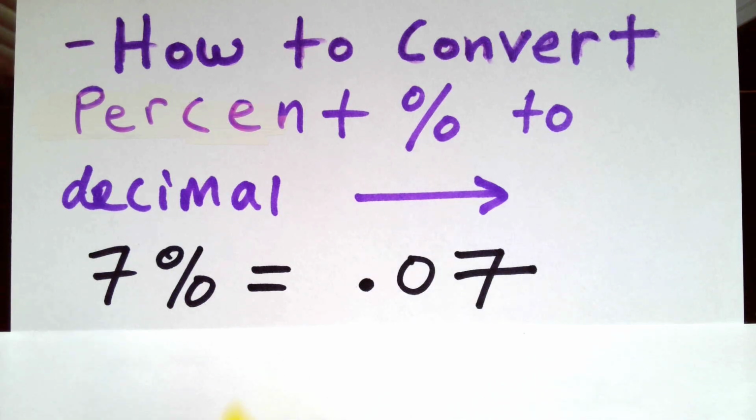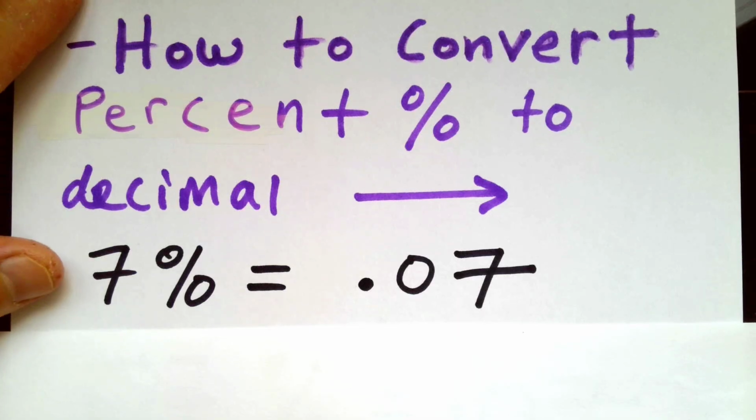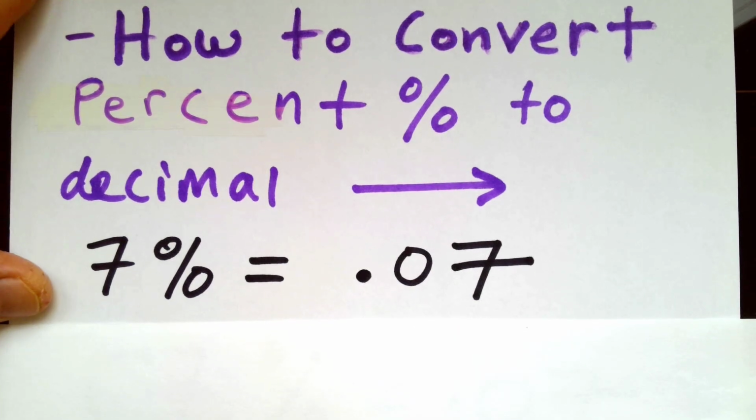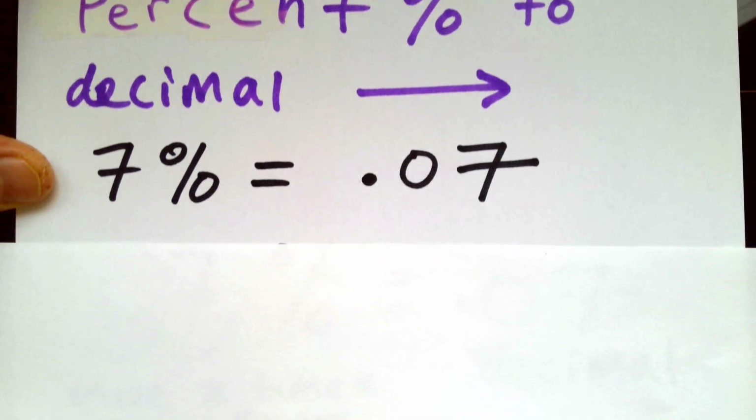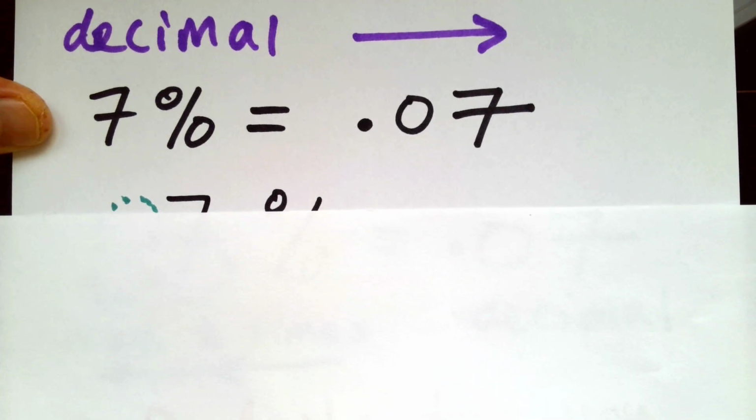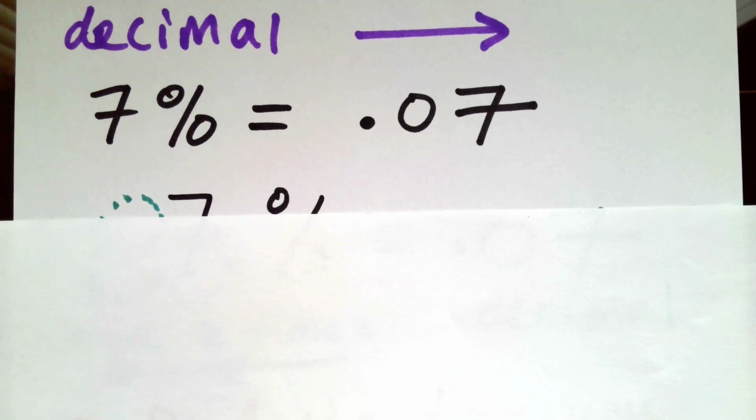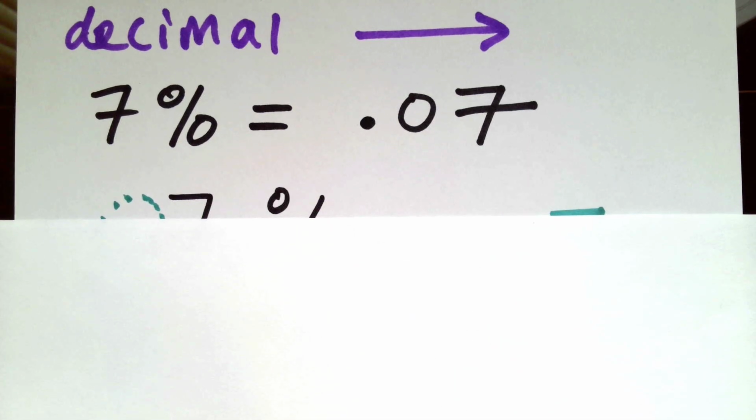So you need to convert the percent into a decimal. You're asking, how did you convert that percent into a decimal? Let me show you. By the way, I also have a number of videos converting fractions into decimals into percents and vice versa.